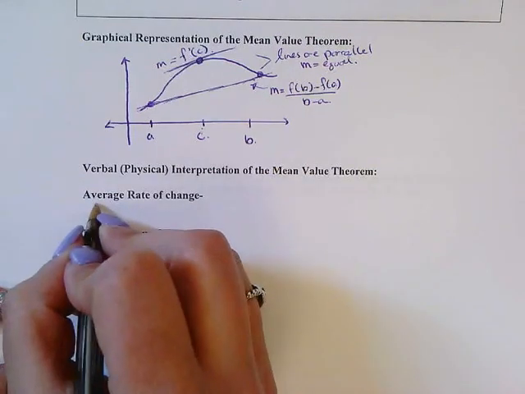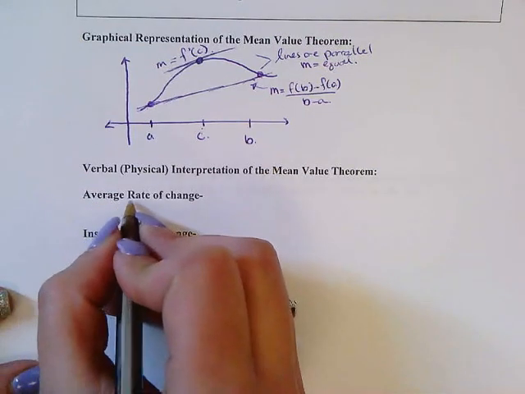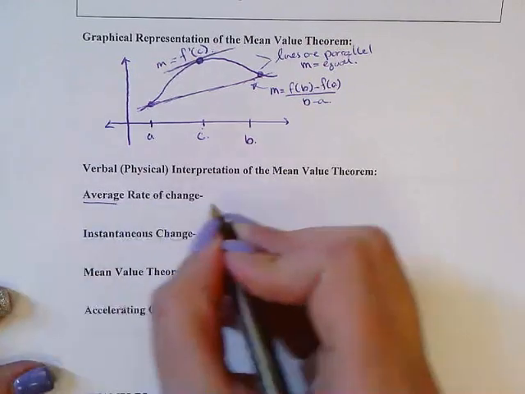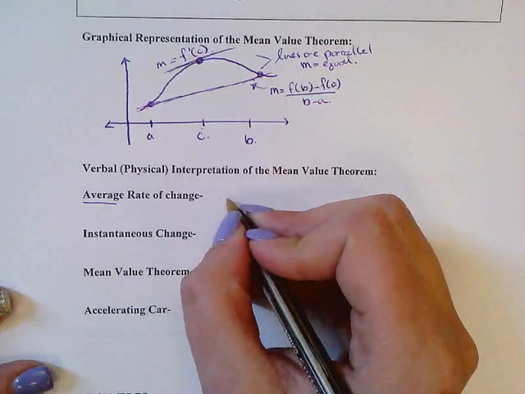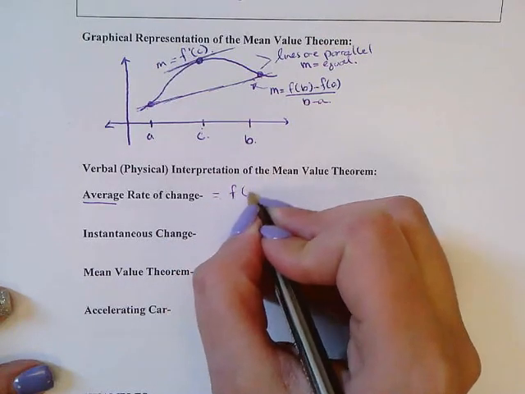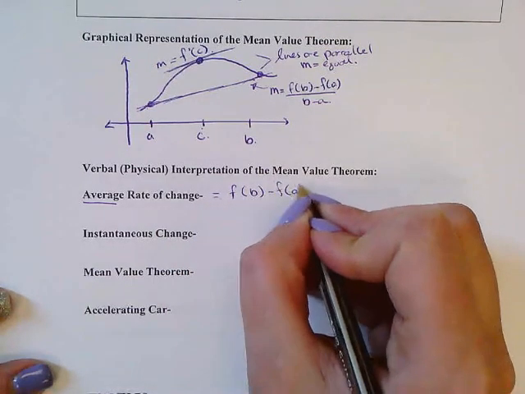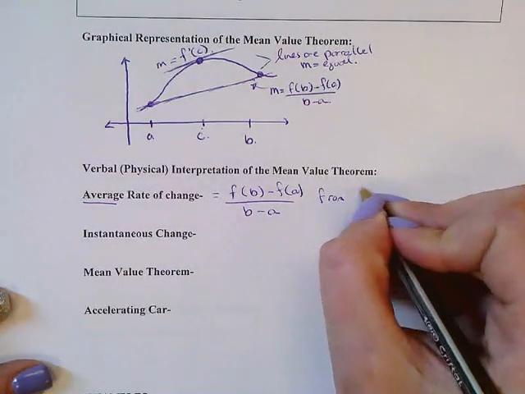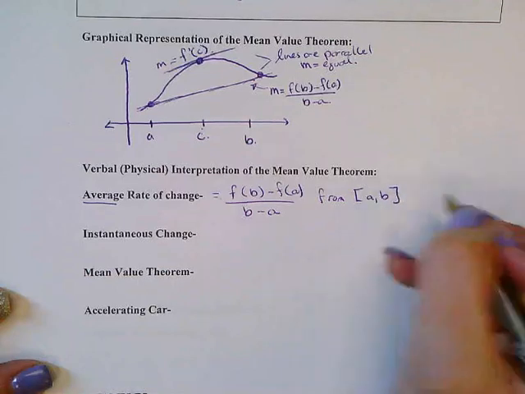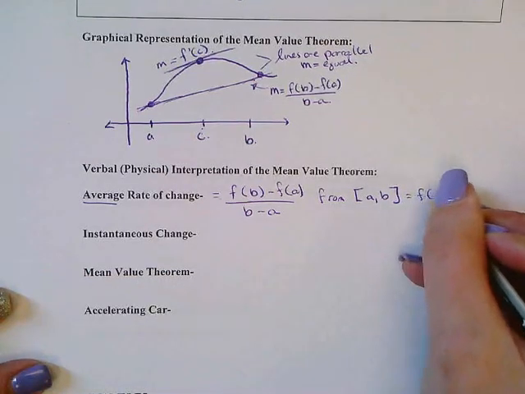First of all, we used the mean value theorem when we were finding the average rate of change. So average rate of change, which is basically the slope of the secant line, right? F of B minus f of A over B minus A from A to B. And that will equal f of C.